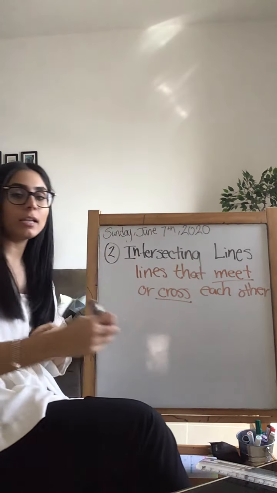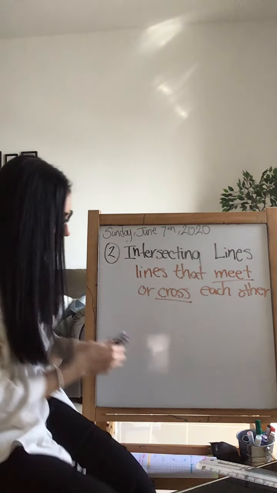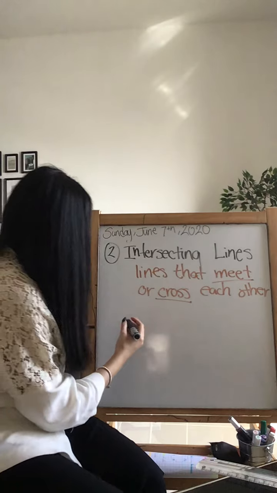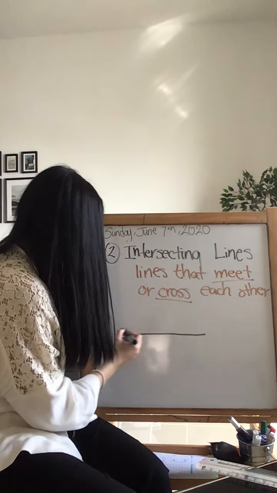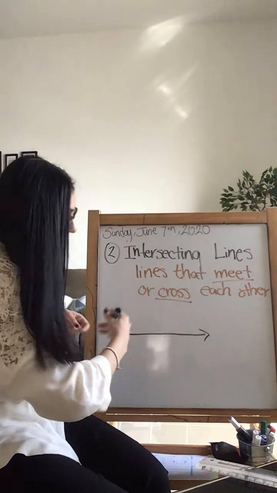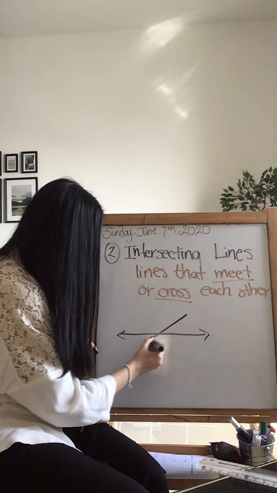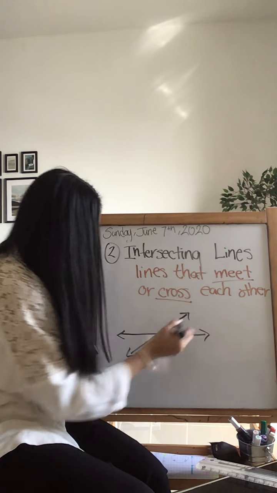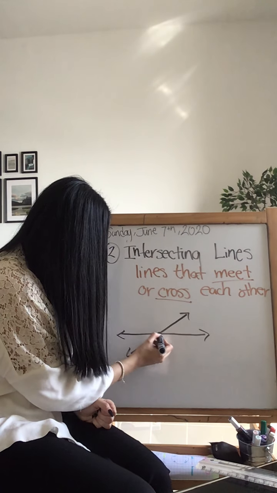Right, so like I just said, think of the opposite of a parallel line. So parallel lines never meet or cross, but intersecting lines are lines that do. So that's a line, right? And I put arrows to mean it's just ongoing, right? Any line that crosses it is an intersecting line. So they crossed, right? Anywhere they cross. So they happen to intersect at this point.